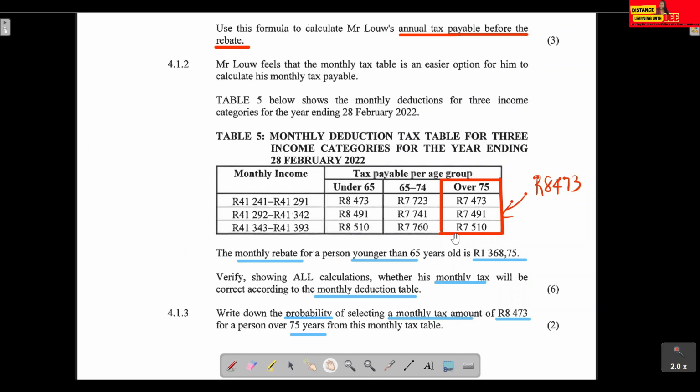Do we see any 8,473 in this category? No, we don't. We see 8,473 under the 65 years old category. So to answer this question, what is the probability of selecting 8,473 in this category? It's zero because it is not in this category. The favorable outcomes are zero because 8,473 does not exist in this column.